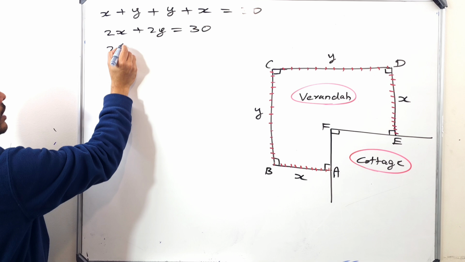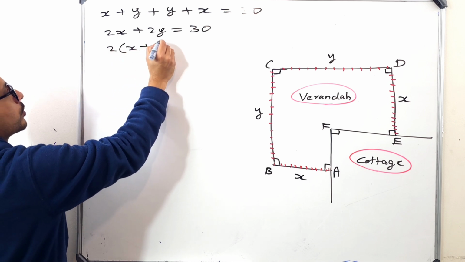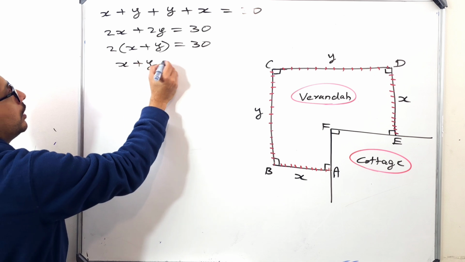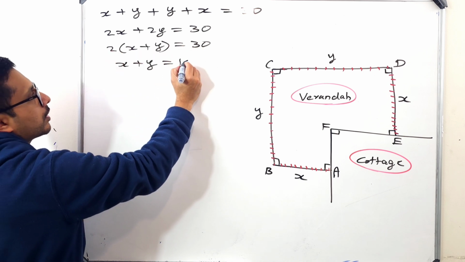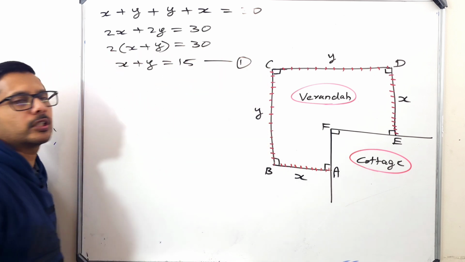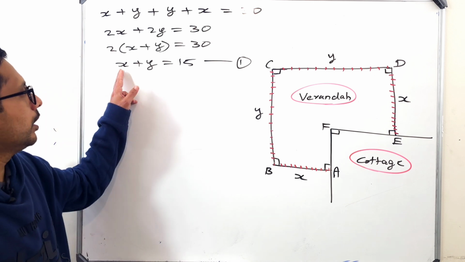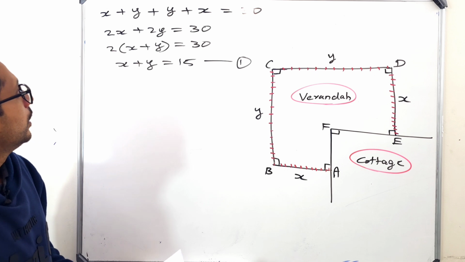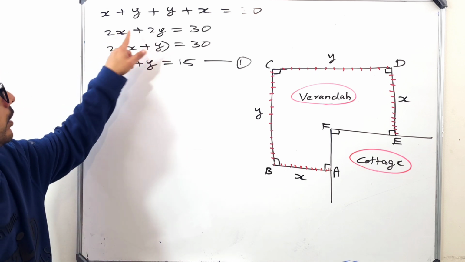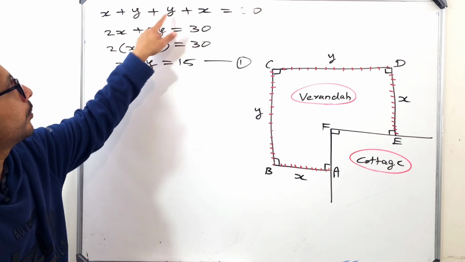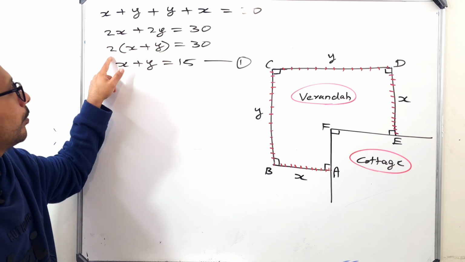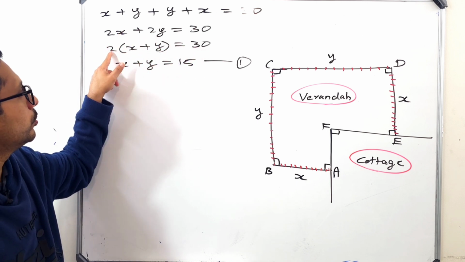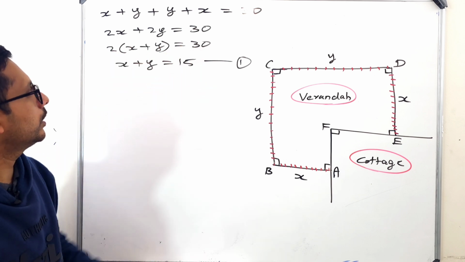Take 2 as a common factor, so 2 into (x plus y) is equal to 30, and x plus y is equal to 30 divided by 2, that is 15. Let's call that equation number 1. So we got an equation in terms of x and y: x plus y is equal to 15.